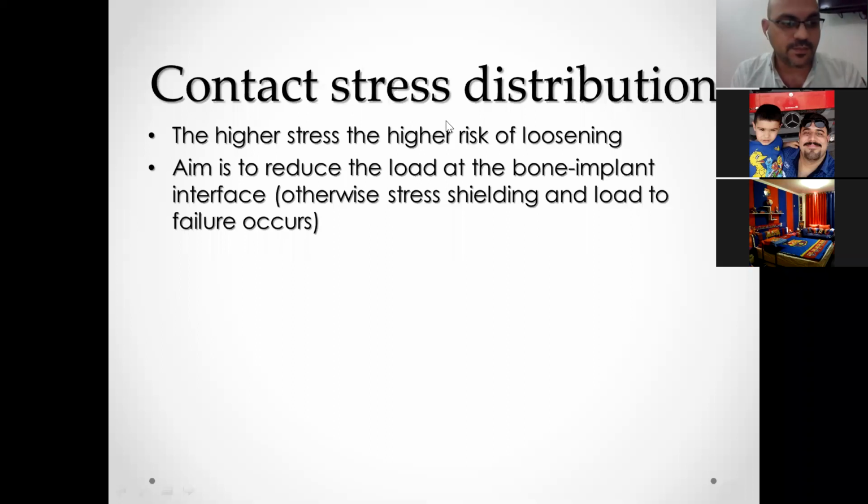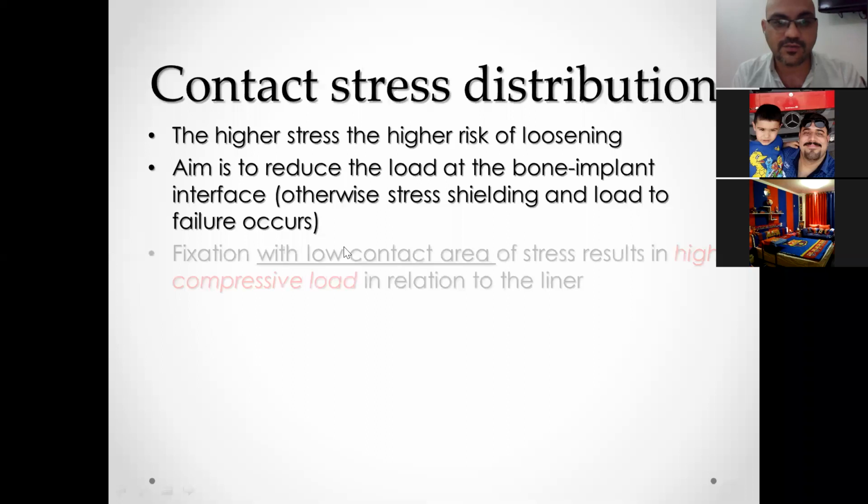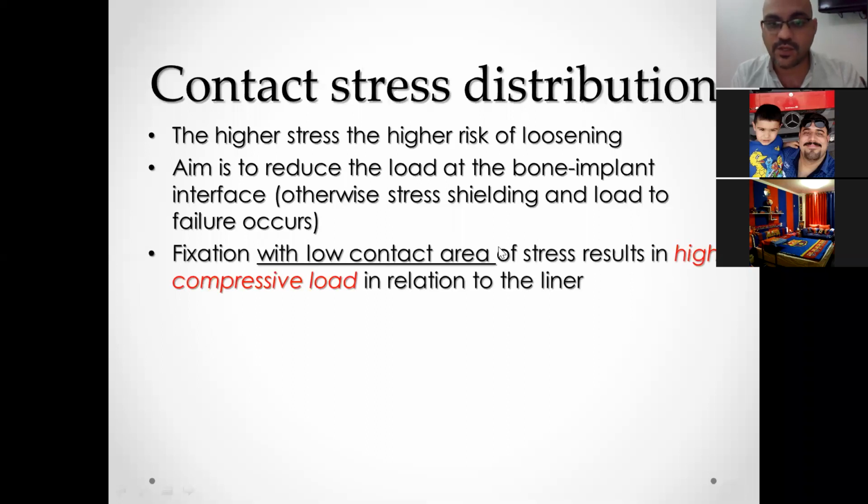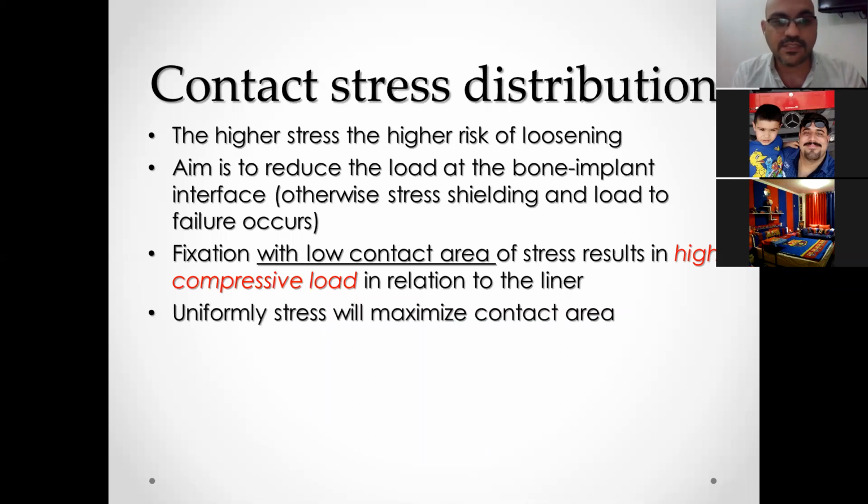The primary mechanism of wear and loosening is that when we fix the implant with a low contact area, it results in a large compressive force through a comparatively smaller size of polyethylene. So fixation with a low contact area will cause a higher compressive load on the liner or the polyethylene. Uniform stress will maximize this contact area.